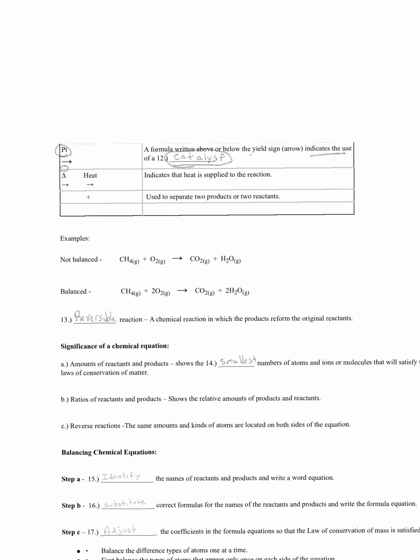What's a catalyst? A catalyst is a substance that speeds up a chemical reaction. It does this by lowering the energy needed to initiate a chemical reaction.